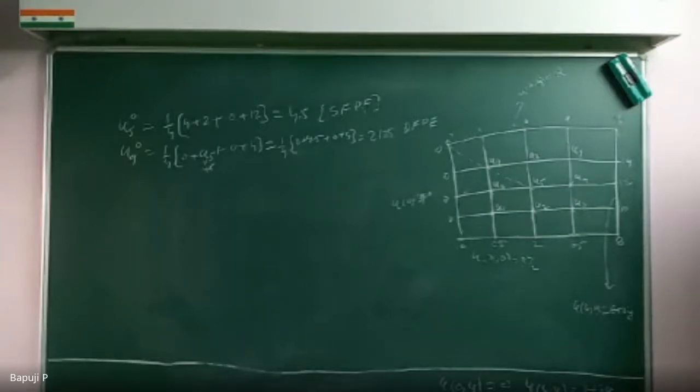Now you will get u1 using the diagonal formula. Very good. Once you get u1, then you can go for u3, and then u2. After that, you can find u6. How will you get u6? Using the standard 5-point formula. Once you know u1 and u2, then you can go for u4.